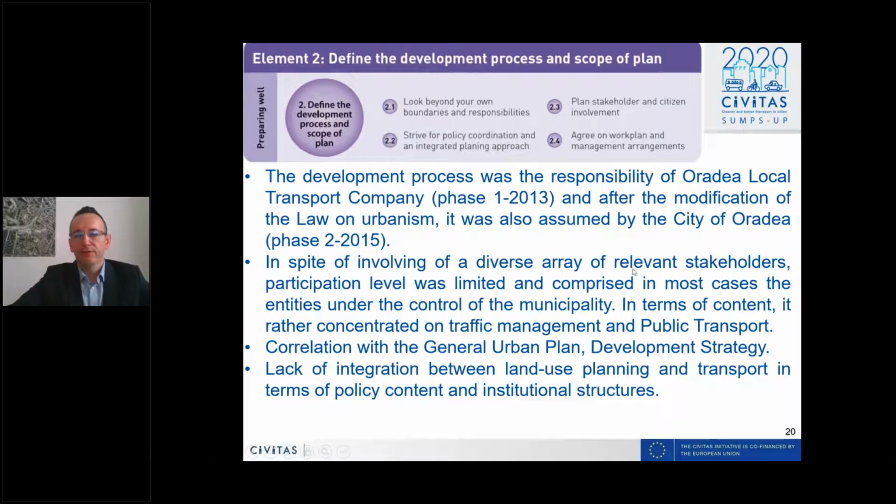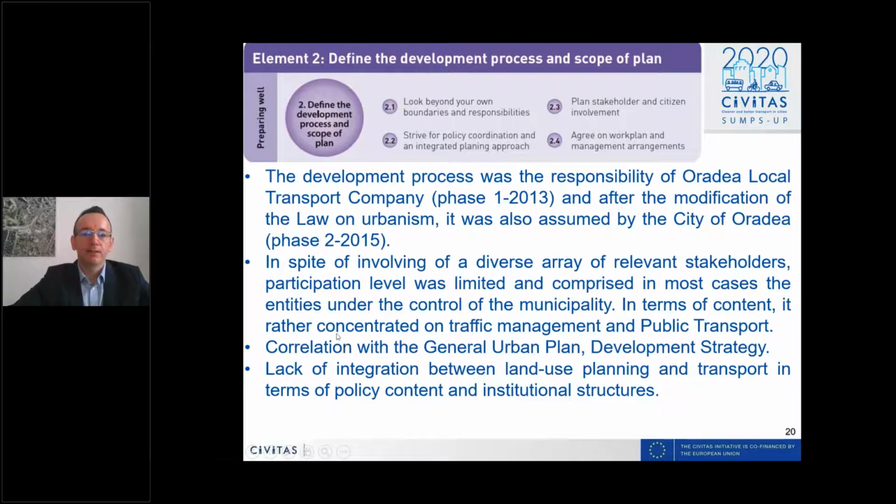In spite of involving a diverse array of relevant stakeholders, the participation level unfortunately was limited and comprised in most cases the entities under the control of the municipality. In terms of content, as I previously mentioned, it was rather concentrated on traffic management and public transport.